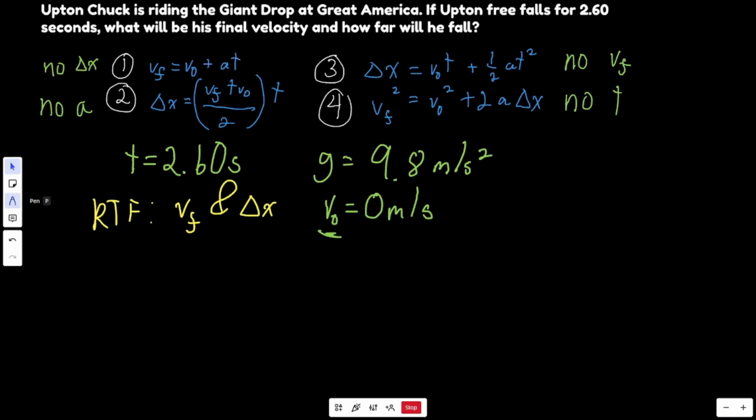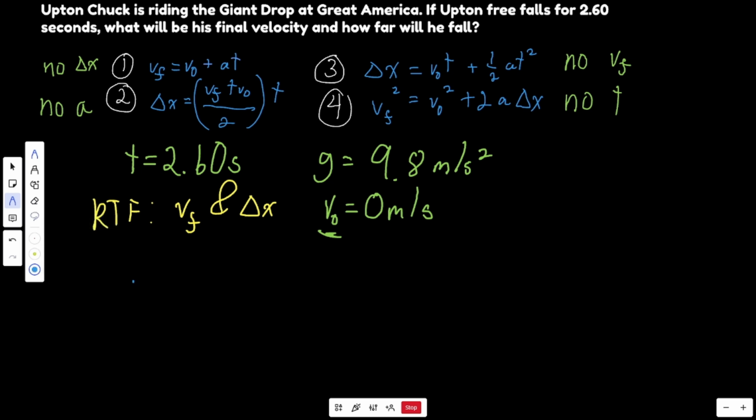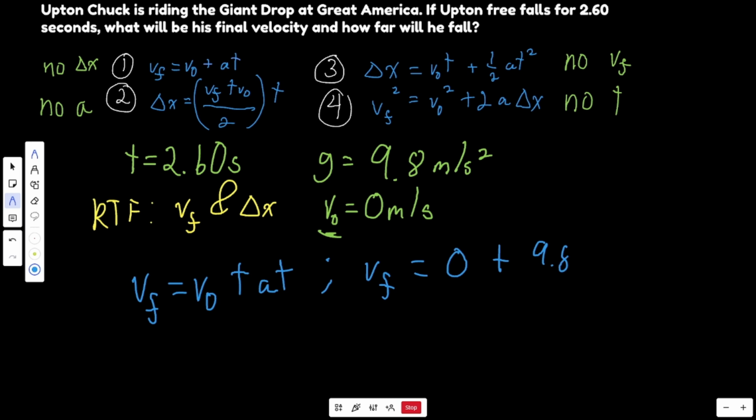Equation number 1 gets us the final velocity. So let's write it down again here: v0 plus at. So that means that vf should be equal to 0 plus 9.8 times 2.60.